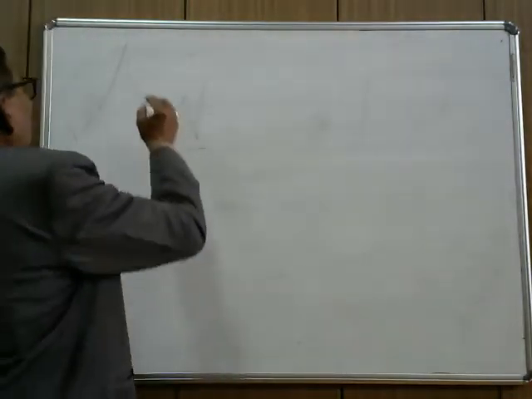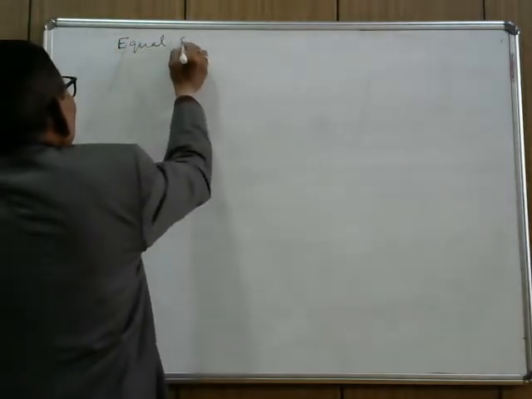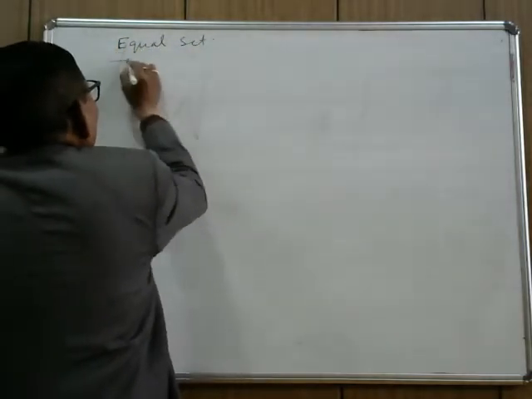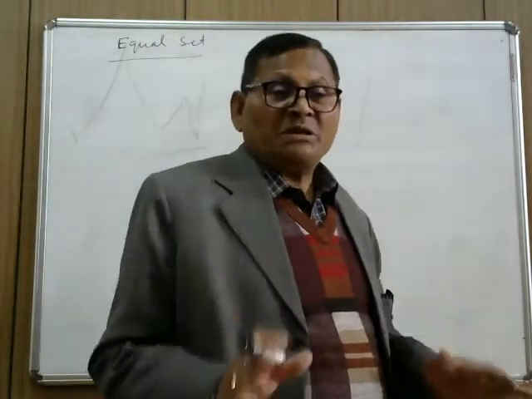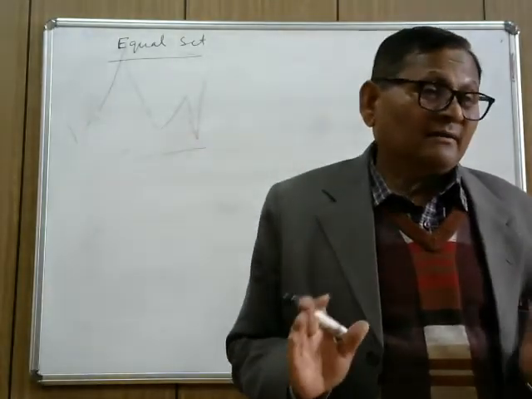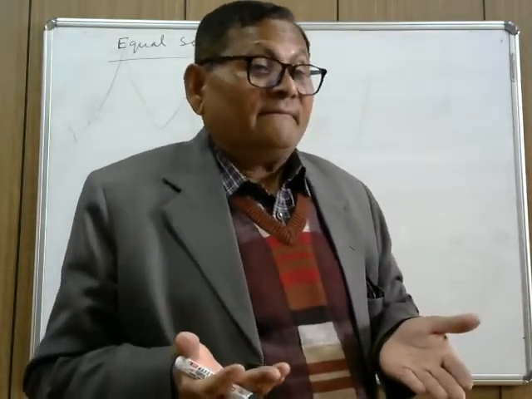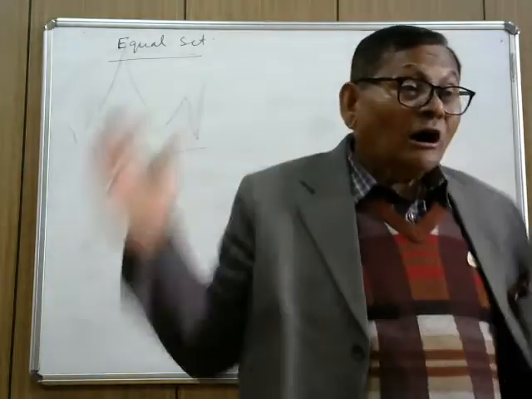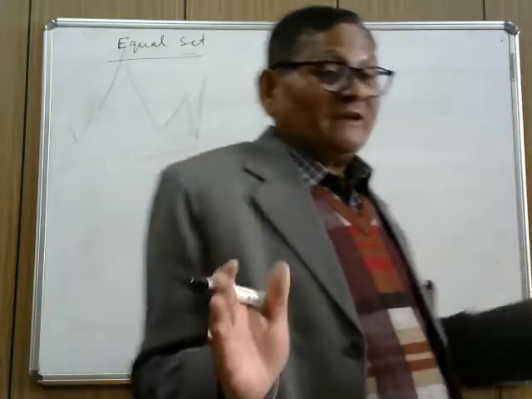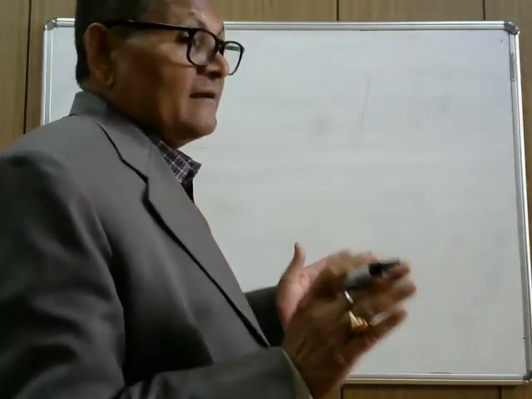When we say two sets A and B are equal, if the elements of set A and set B are identical, what is the property of identical elements? They are the same in all senses. Then you say the elements of the sets are identical.